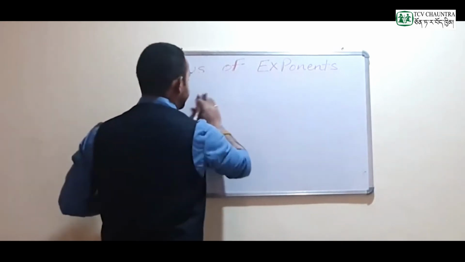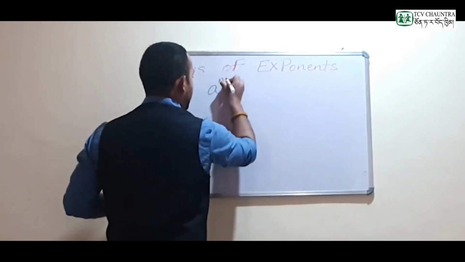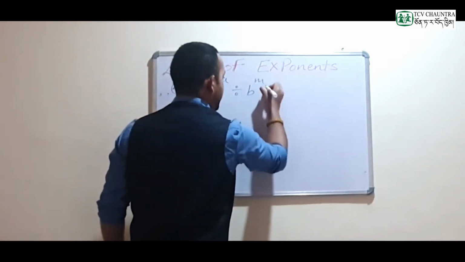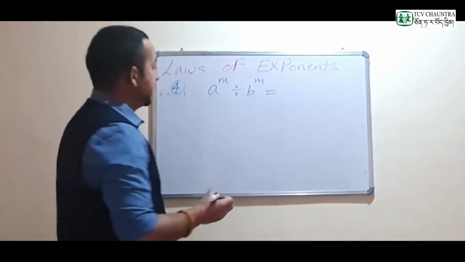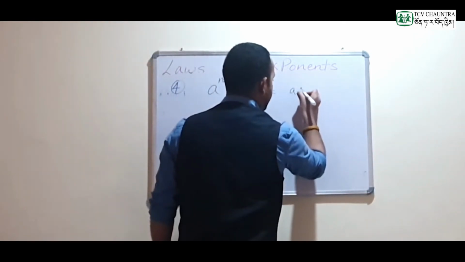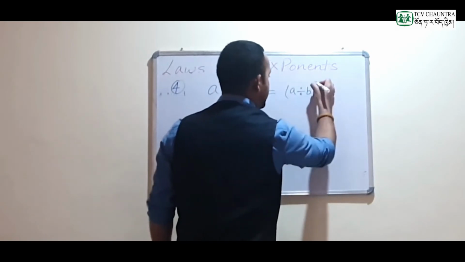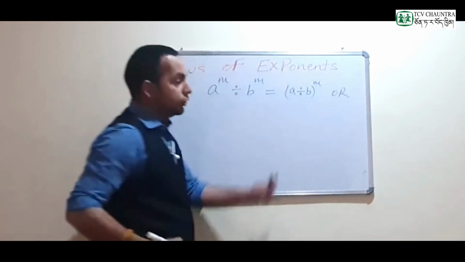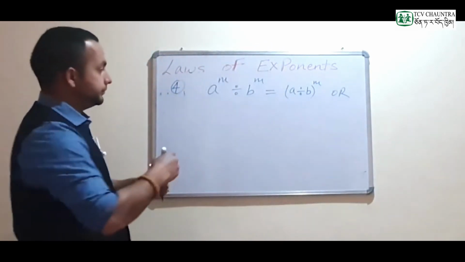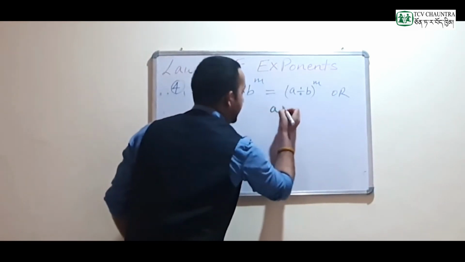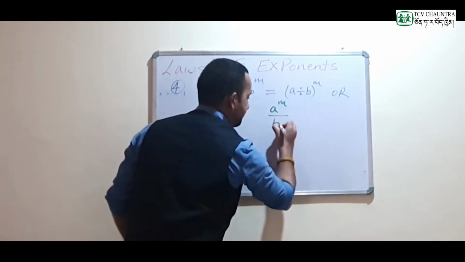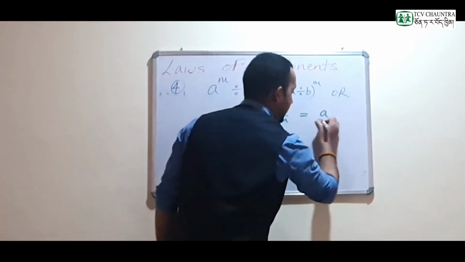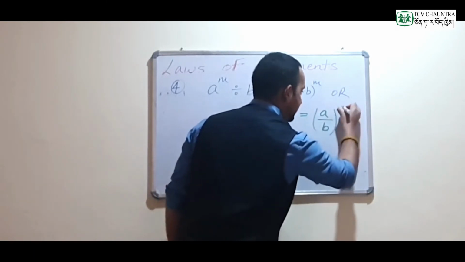The fourth law is a raised to the power m divided by b raised to the power m, which means you can write a divided by b whole raised to the power m, or you can write it as a raised to the power m over b raised to the power m, or you can write it as a upon b whole raised to the power m.